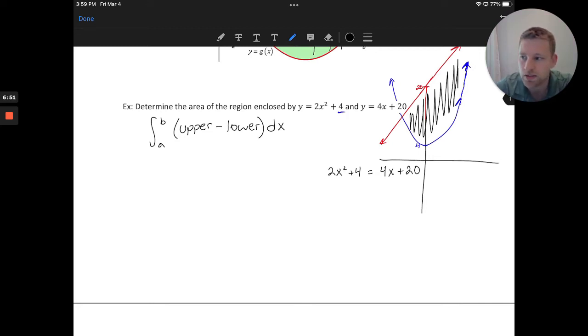And it looks like this would be considered as a quadratic. So let's see if we can subtract everything over to the right. We'd have 2x squared, we'll subtract a 4x, and then subtracting 20 over to both sides would give us negative 16 equal to 0.